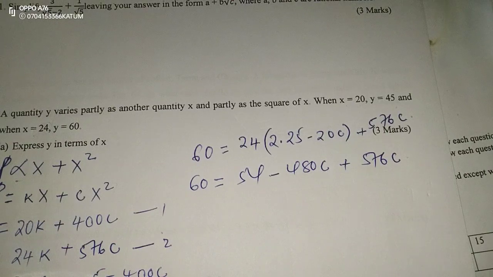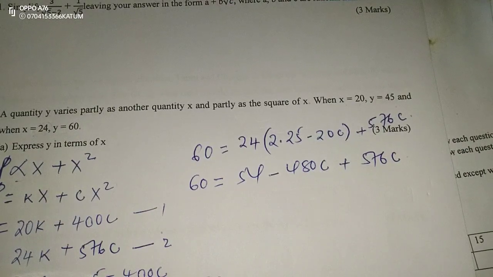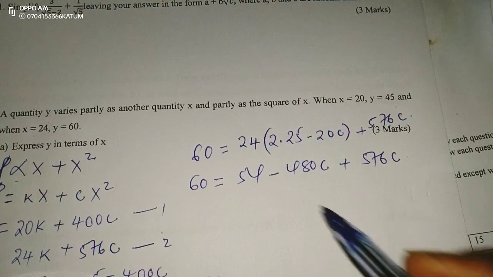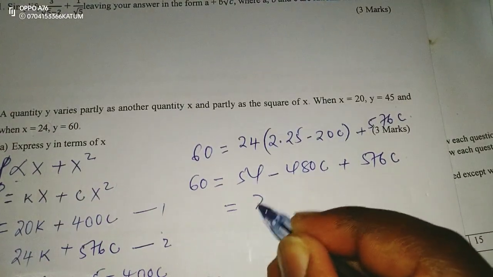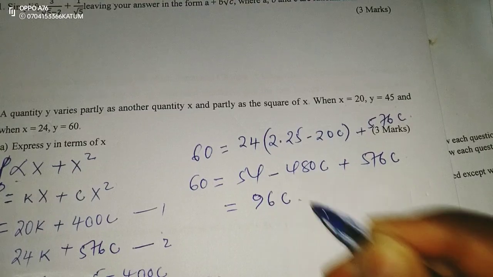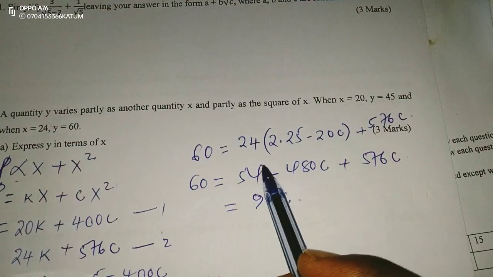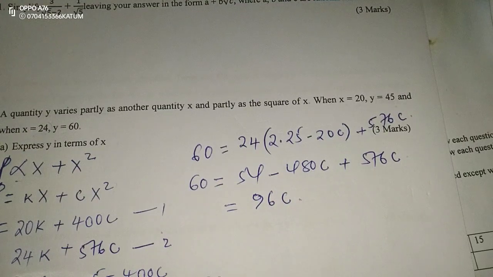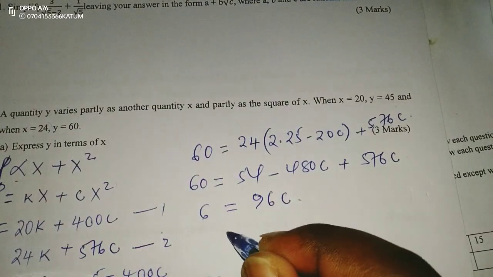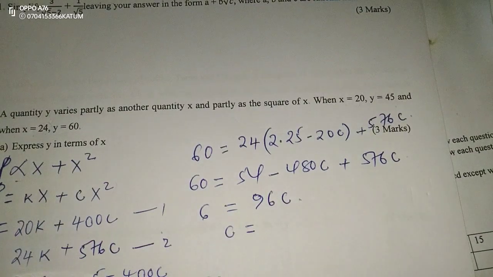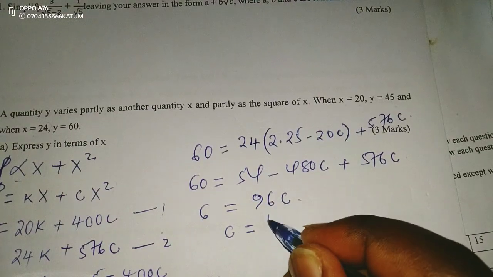So we take 576 and subtract 480 and we get 96c here. 96c equals, when we take 54 and subtract, 60 minus 54, this gives us 6. Therefore the value of c is going to be 6 divided by 96, which is going to be 1 out of 16.